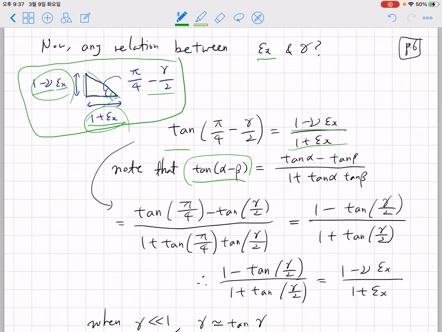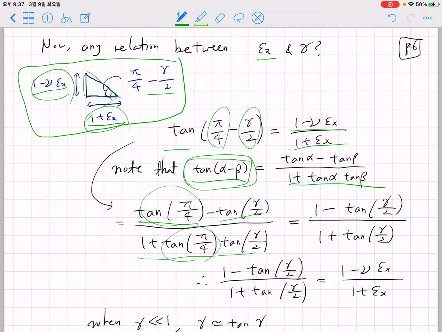From Googling you can find that tangent of alpha minus beta can be written this way. So you can decompose pi and gamma in the numerator and denominator. This is alpha and this is beta for this equation. So you have tan pi over 4 and tan gamma over 2, and in the denominator you have 1 plus tan pi over 4 times tan gamma over 2, and tan pi over 4 is simply 1.